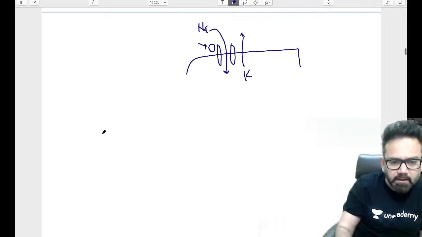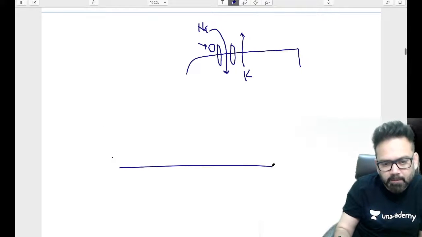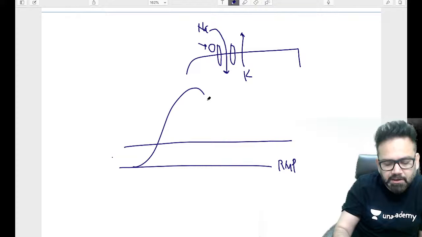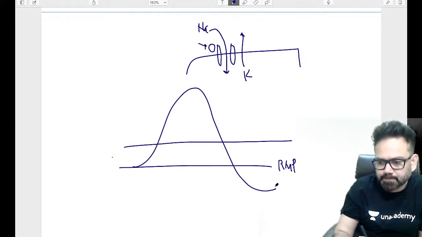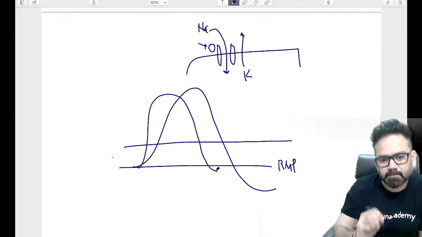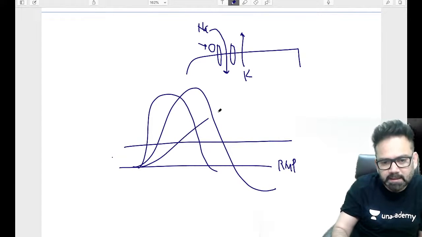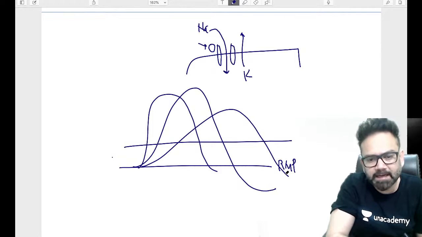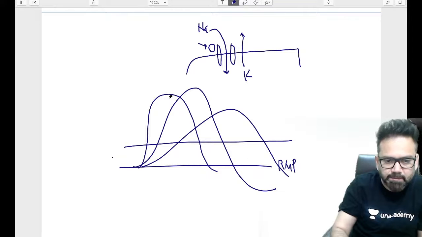If you talk about depolarization and repolarization, this is your RMP, this is your threshold, and this is your action potential. In this particular case, this is the permeability of sodium and this is the permeability of potassium. This question also came in NEET PG 2018: what is A and what is B?